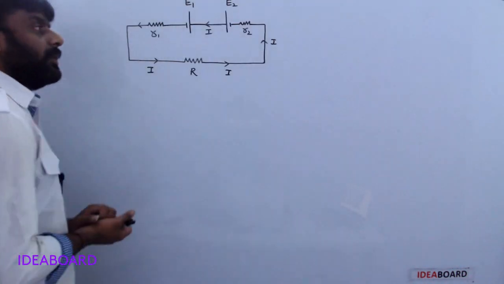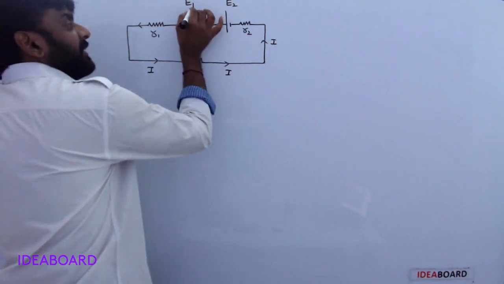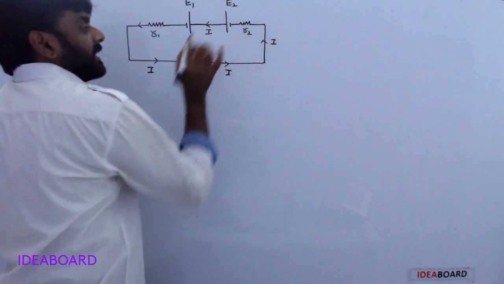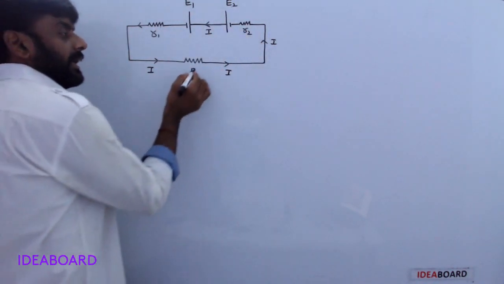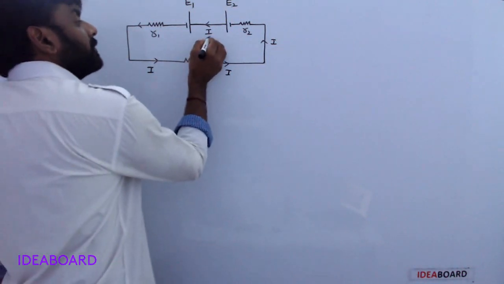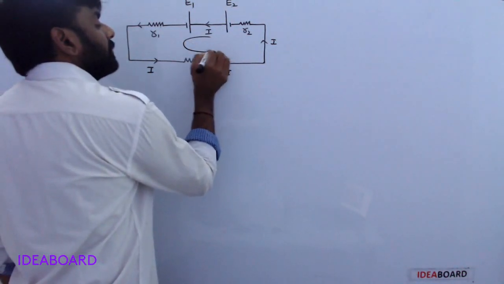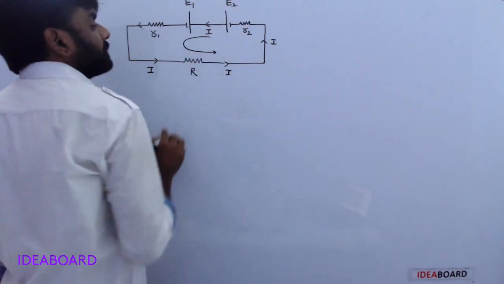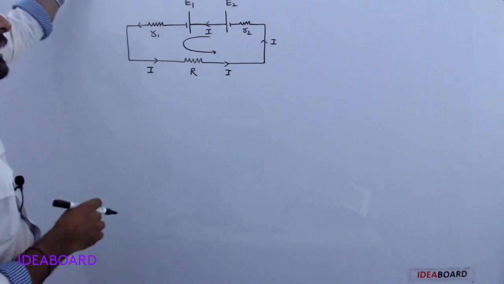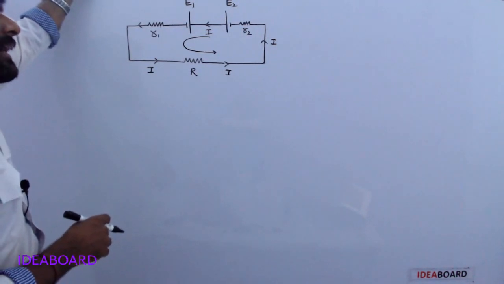Next example. See here, battery EMF E1 with internal resistance R1, battery EMF E2 with internal resistance R2, and external resistance R. Right now you are taking in the anti-clockwise direction.